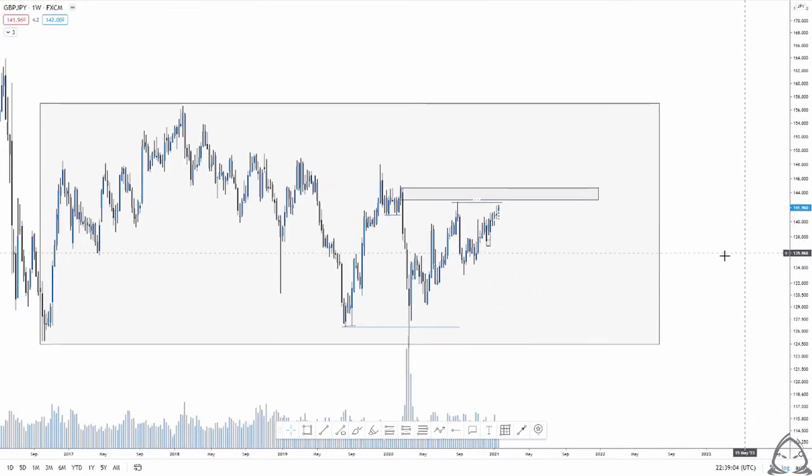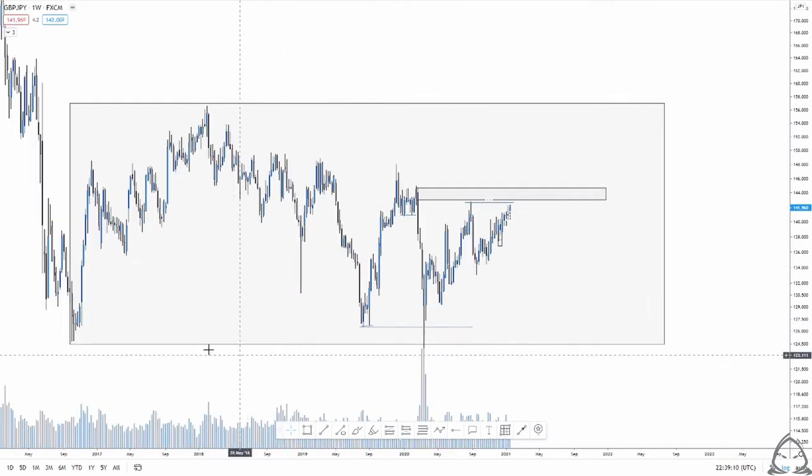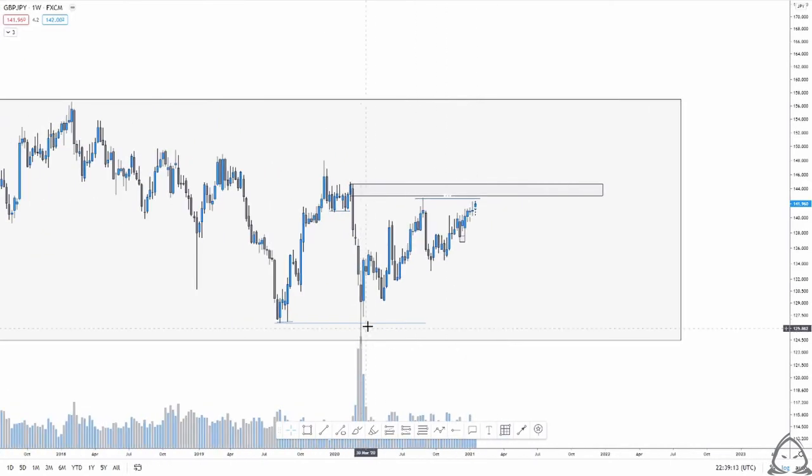That primarily is because we are in a bearish trend, making lower highs and subsequent lower lows, and we did attempt to break this range low from earlier in 2020, which of course failed, so it wasn't the most convincing of breaks. So it potentially leads me to suggest that we could break through this area of interest, sweep and grab all of this liquidity that's sitting up here and above here, and continue to move to the upside.